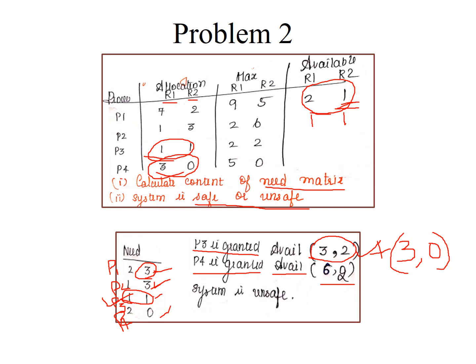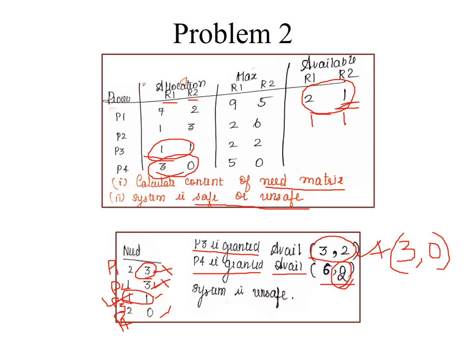So P3 is done, P4 is done. What are the remaining processes? Remaining processes are P1 and P2. Check P1. The need matrix is 2 comma 3 for P1, but still R2 instances we have only 2 here, but P1 is in need of 3. So again P1 can't be done now. Look at P2.